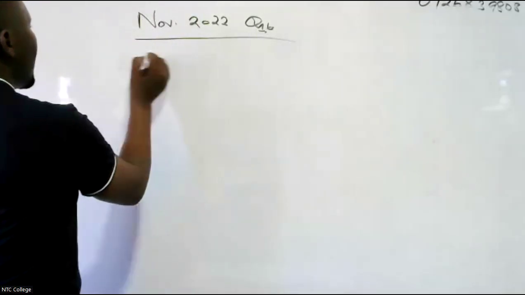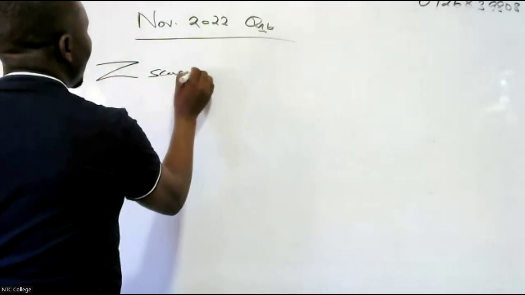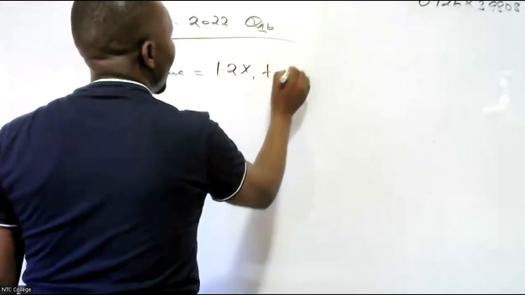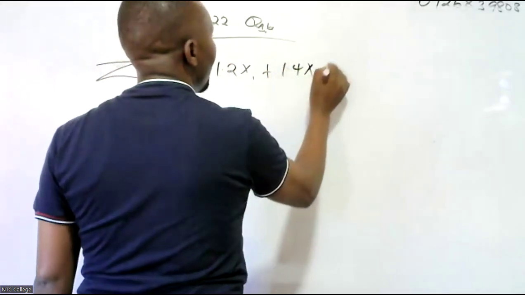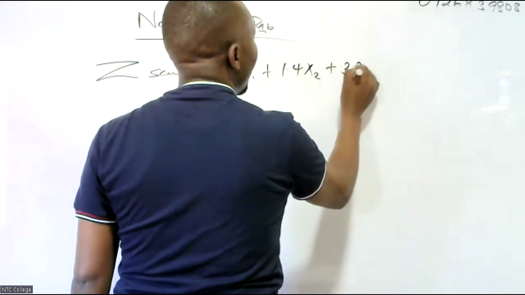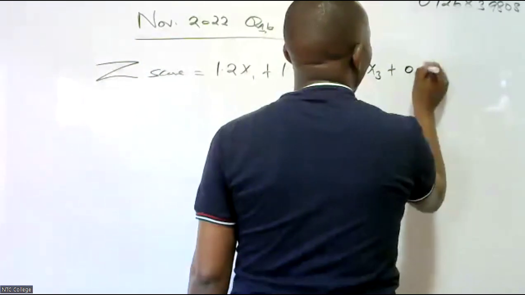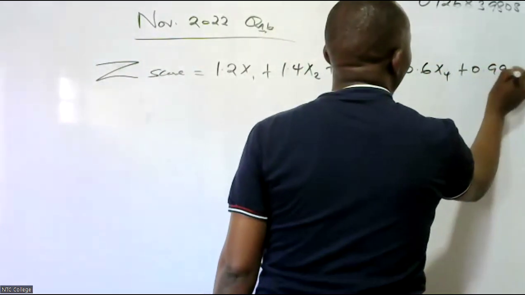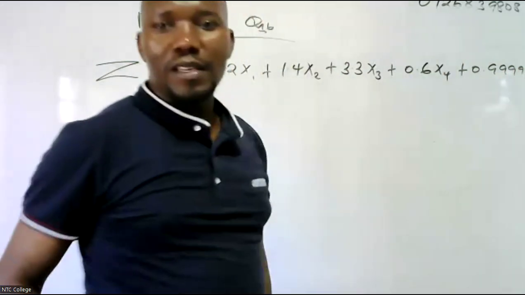We are saying that Z-score for alpha is equal to 1.2 x1 plus 1.4 x2 plus 3.3 x3 plus 0.6 x4 plus 0.999 x5. That is what they say, eh?